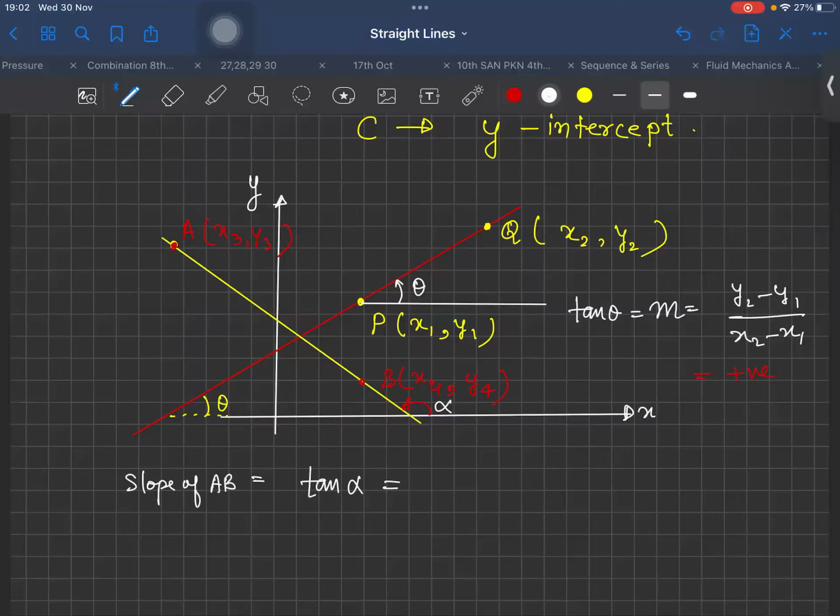Tan alpha, let's say M2, and just say this is M1. So this will be equal to y4 minus y3 upon x4 minus x3. This you will get negative, right? This you will always get negative. Why will you get negative? One x is negative, right? You will always get this value negative.